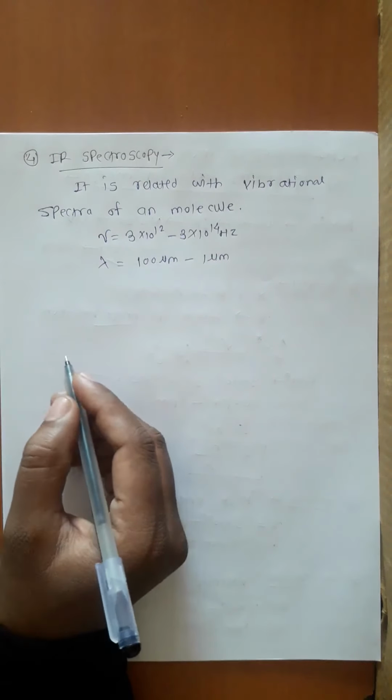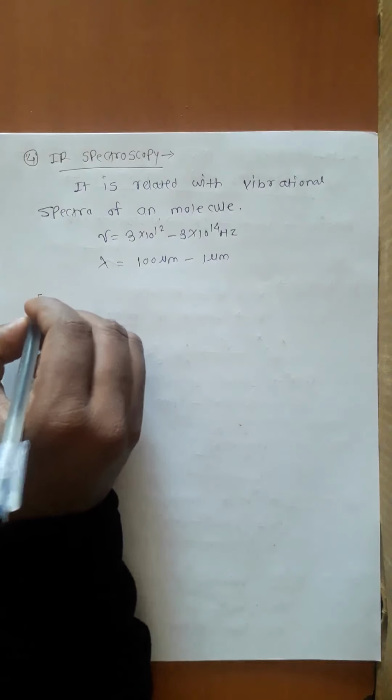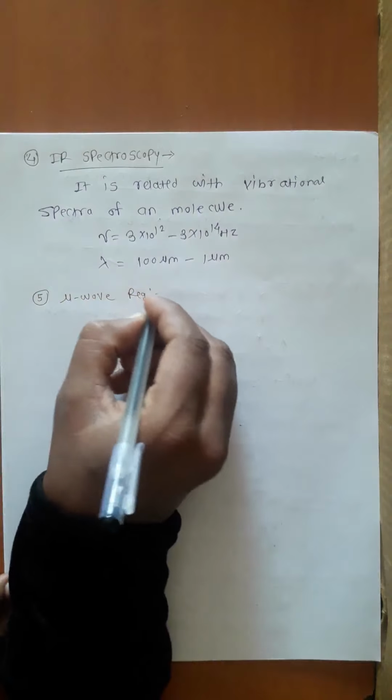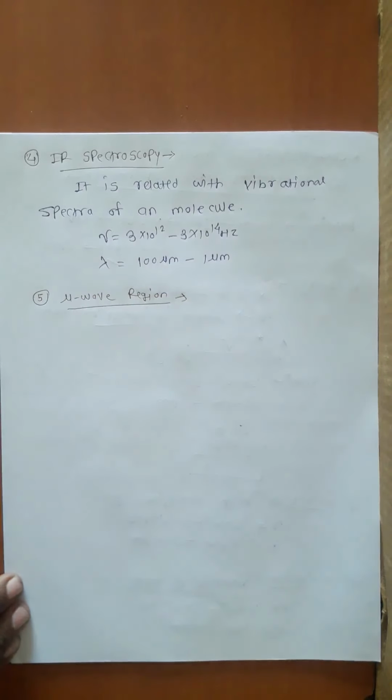The next spectroscopy is the microwave region. In the microwave region, the transitions occur in the rotational spectra. The transitions in rotational spectra occur in the microwave region.